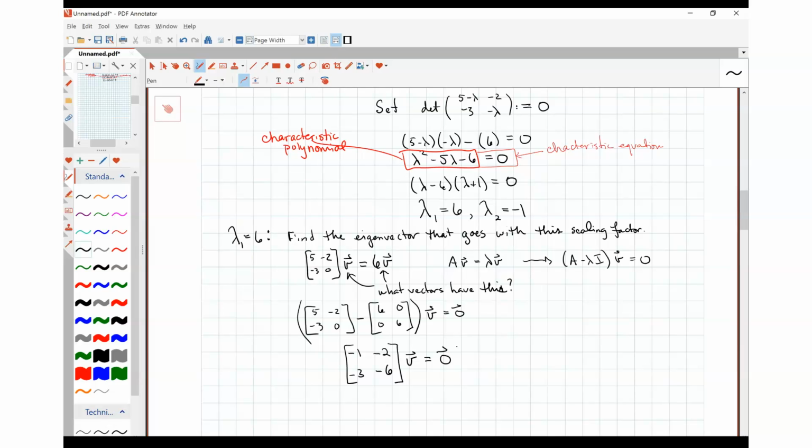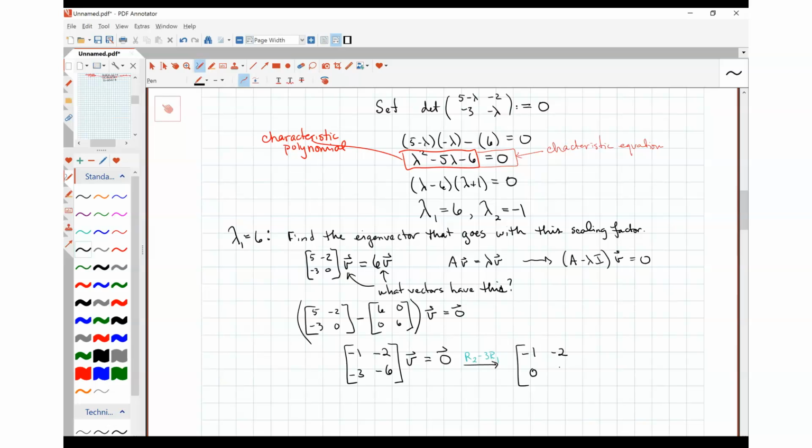And I think that you can see that just a single row operation, like if I do row 2 minus 3 row 1, is going to take us to basically exactly where we need to be to get our general solution.